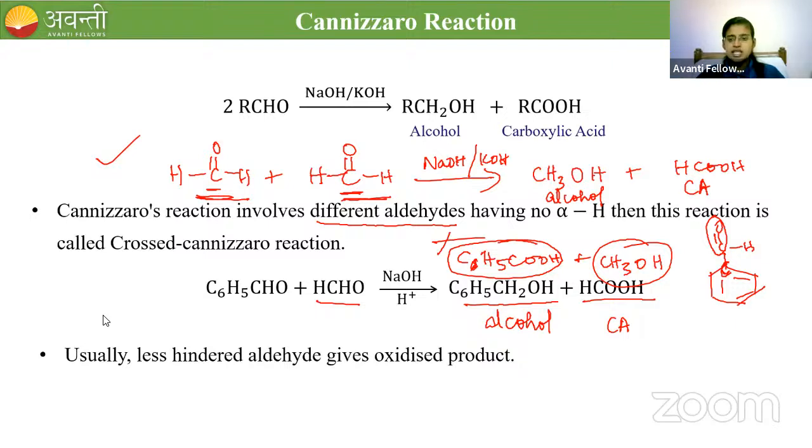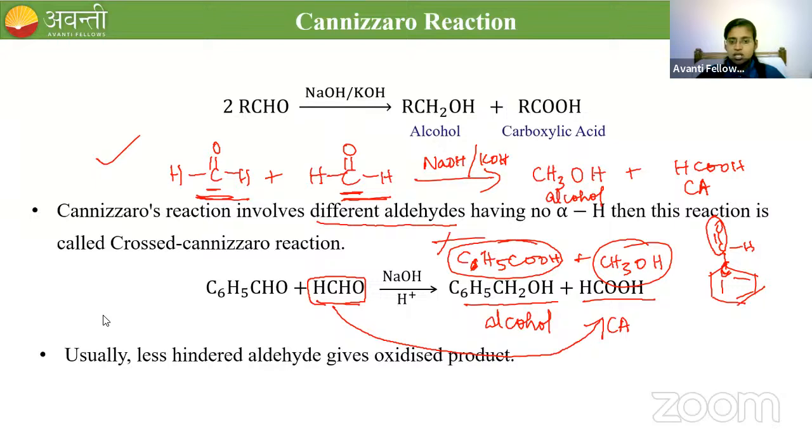Less hindered means less crowded, which means the small molecule. One carbon containing aldehyde is the small molecule, right? So that's why it is getting oxidized to acid. The other one, the benzaldehyde, is getting reduced to alcohol. Clear for all of you?